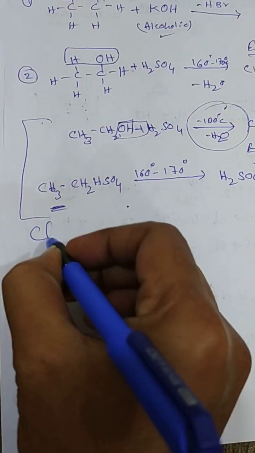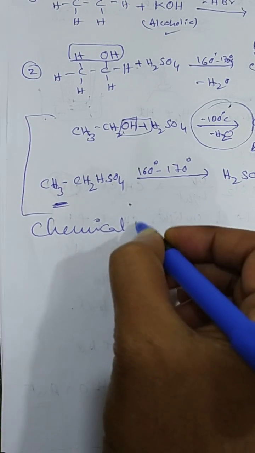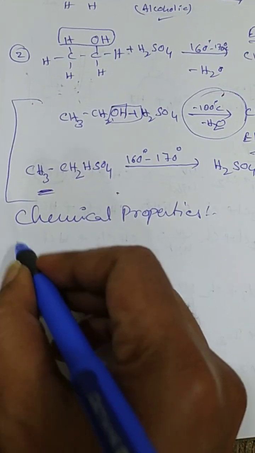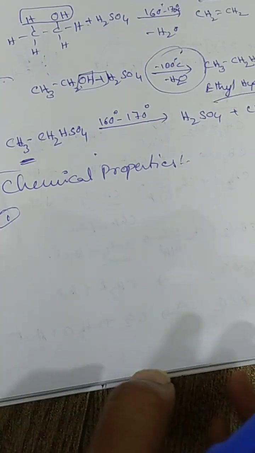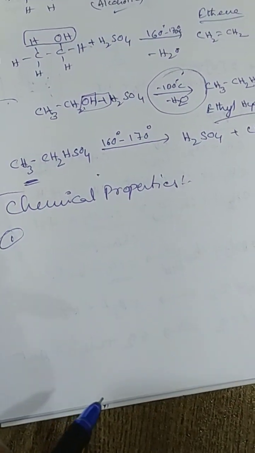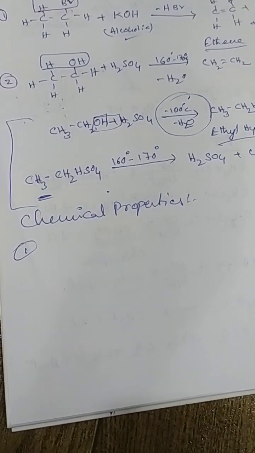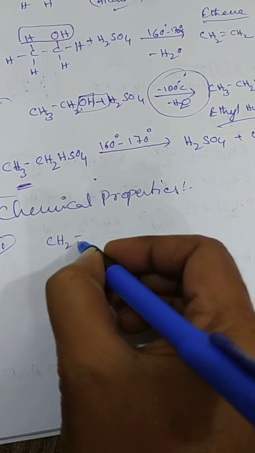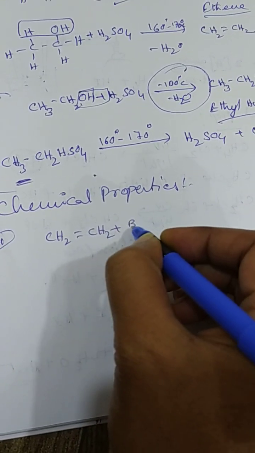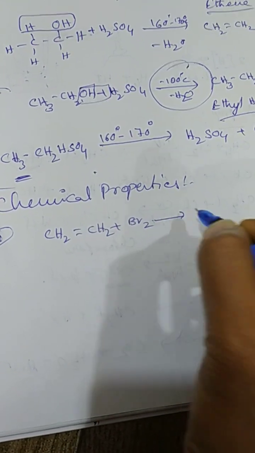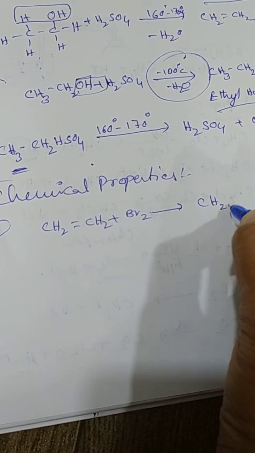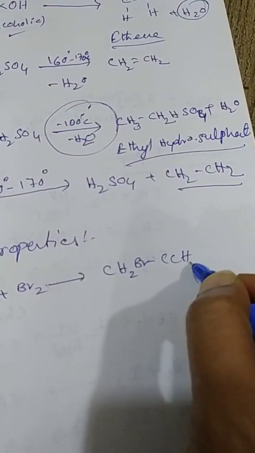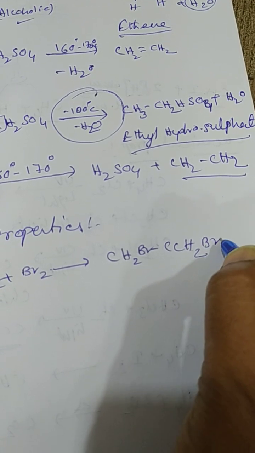As well as the chemical properties. First is halogenation. If you react it with chlorine or bromine, since it is an unsaturated compound, it will become saturated by reacting with Cl2 or Br2, giving CH2Br CH2Br.